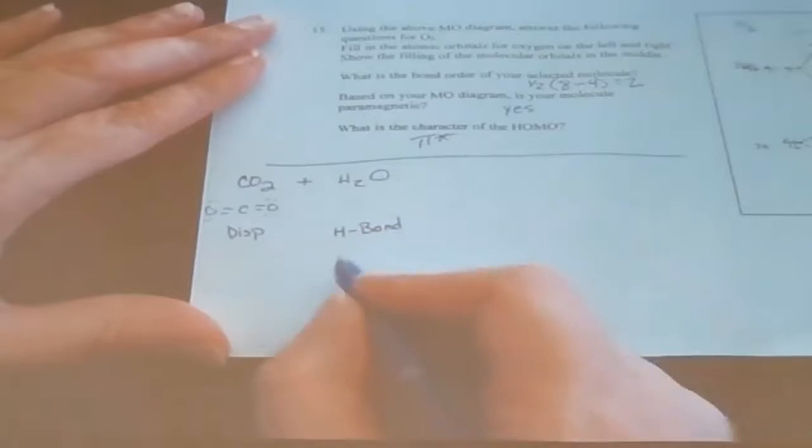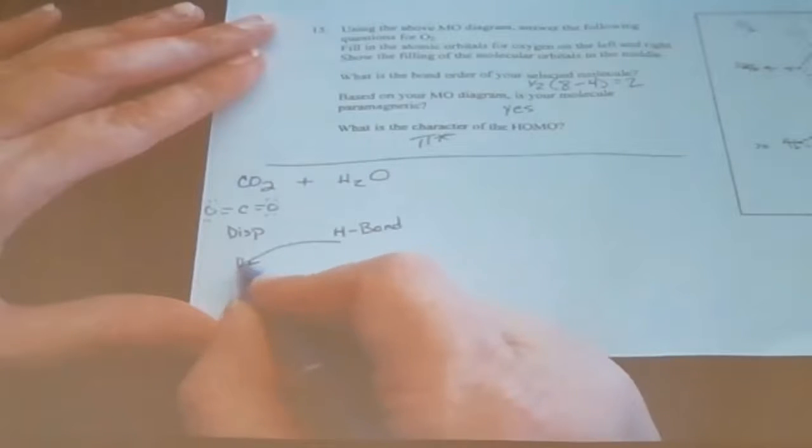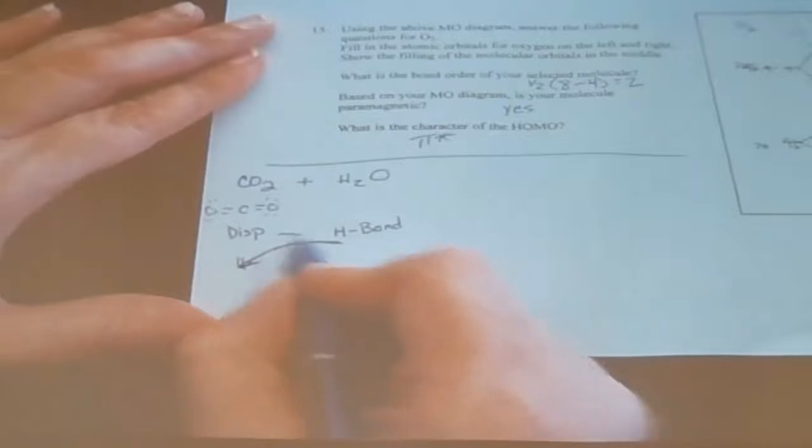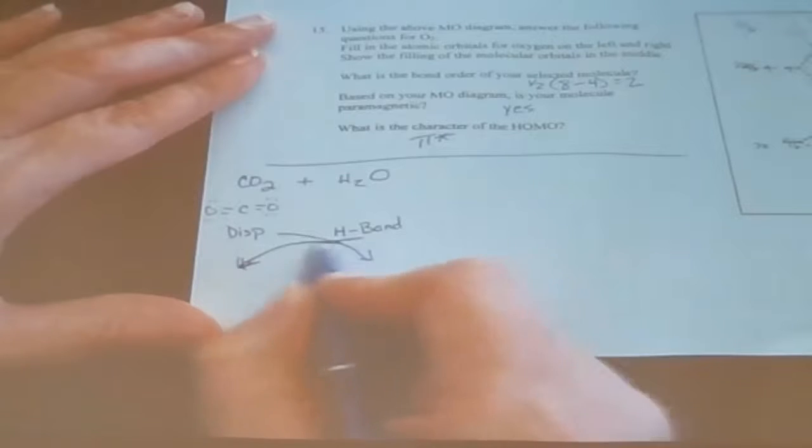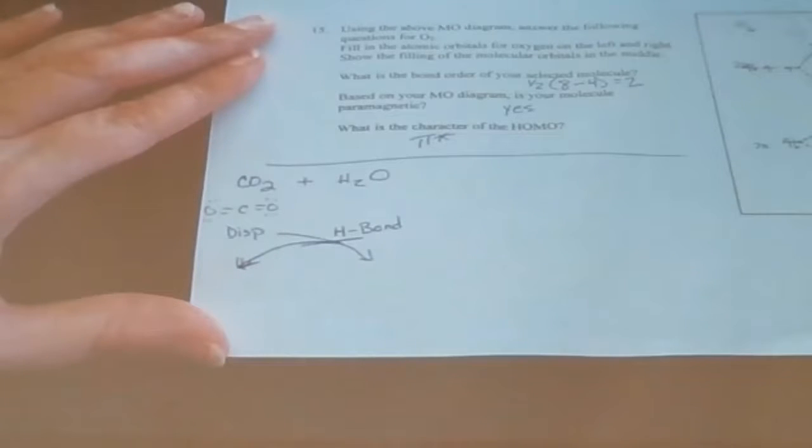Okay. I'm going to list my strongest force first. So hydrogen bonding is stronger than dispersion. So I'm going to swap places. And I'm also going to change names. Now ions get to stay the same. Dipoles get to stay the same. But what happens to dispersion? What do I change that to?